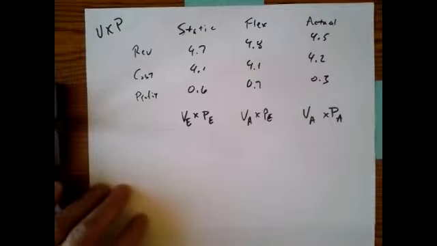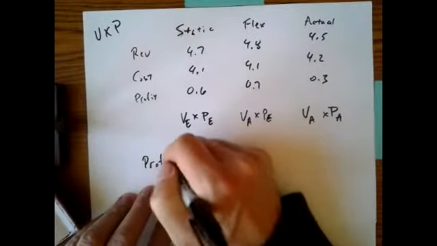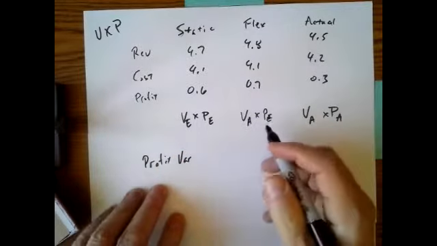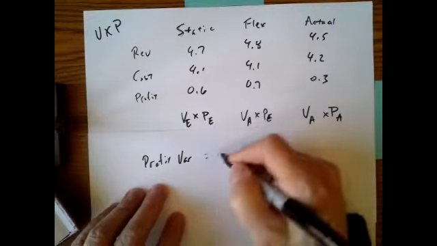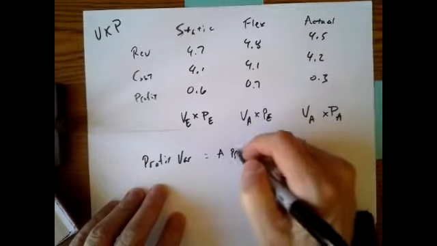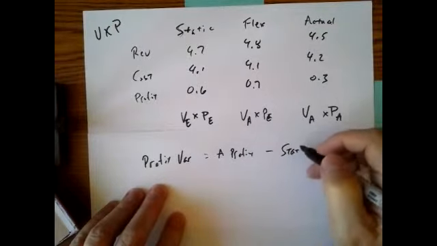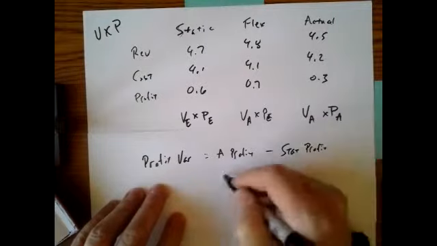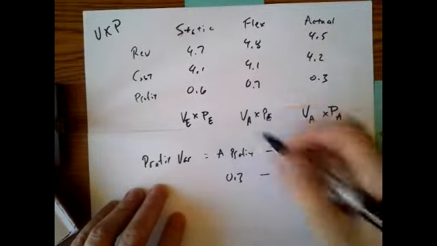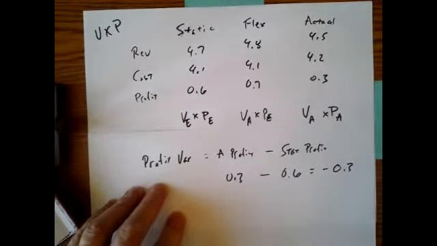The profit variance is the actual profit minus the static profit. So that's going to be 0.3 minus 0.6, which gives us negative 0.3.